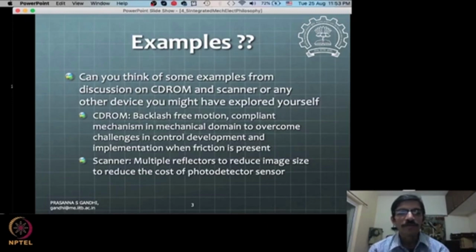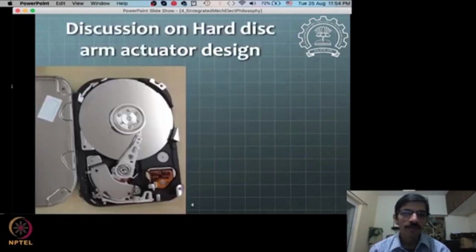There also we find that to ease the drudgery of counting the notes by a person, there are some mechanisms and some electronic systems that are used to count the notes. So those are the kind of examples we can think of. And again, I'm coming back to the hard disk drive. You have this arm for a hard disk drive actuator, and that has been designed to optimize for weight.